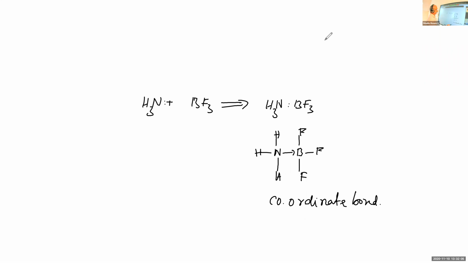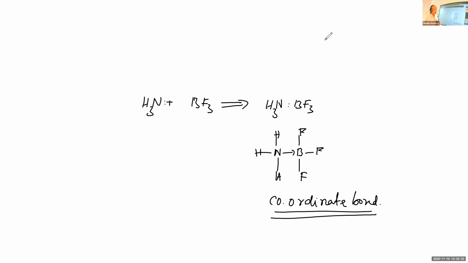Next year we have to study coordination complexes. You can see that in the coordination complexes, there will be coordinate bonds like this. So remember, coordinate bond is a special type of covalent bond in which the shared pair of electrons is donated by any one of the atoms.